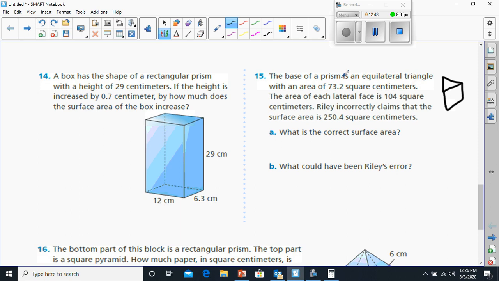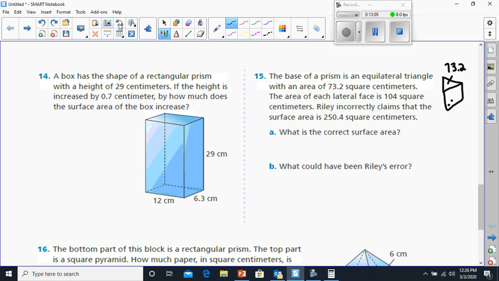Okay, it says that the equilateral triangles with an area of, that means these areas are 73.2, both the top and bottom. So we're going to have to multiply that by 2 to find out what the bottom is, right?